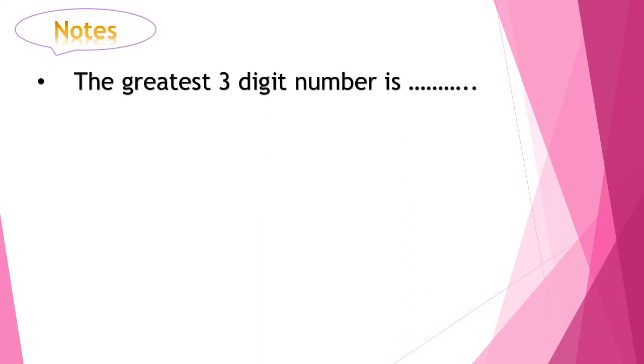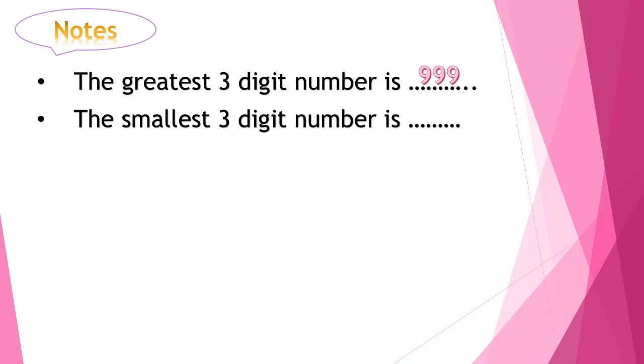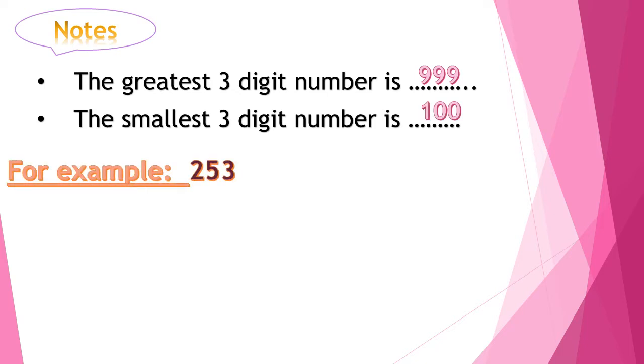We have some notes. The greatest three-digit number is 999. The smallest three-digit number is 100. For example, 253. Put the place above each digit: ones, tens, hundreds.